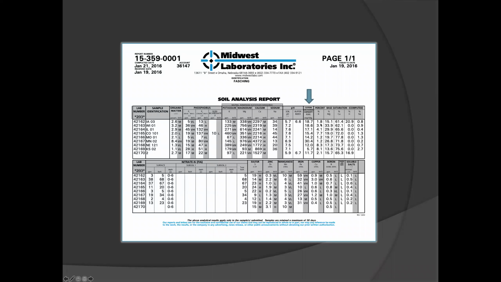Ideally, my dad liked to see, and we typically recommend, potassium between 6 and 7.5, magnesium about 12 to 15%, calcium about 65 to 75% typically. So that gives you an idea of where your numbers should be.